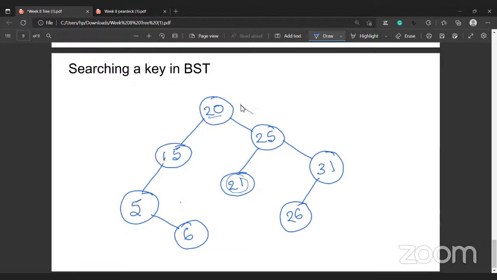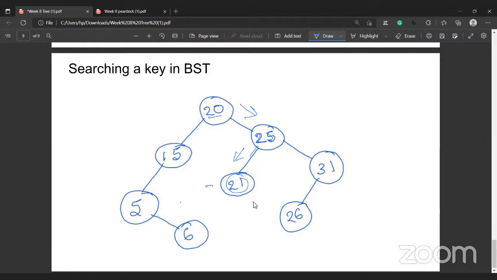So it will go to the right subtree. Then it will check 25 equal to 21. It is not. Then it will go to the left subtree. Then it will check 21 equal to 21. Then it returns element is found.